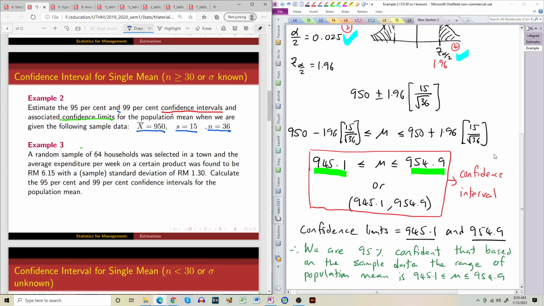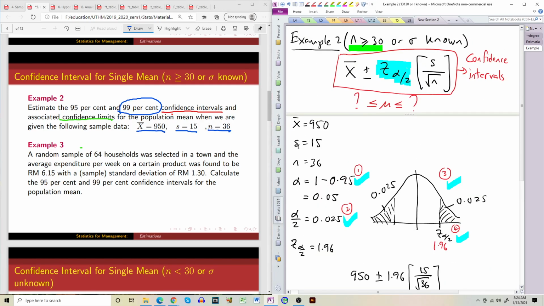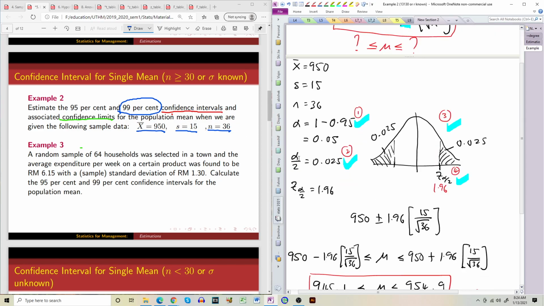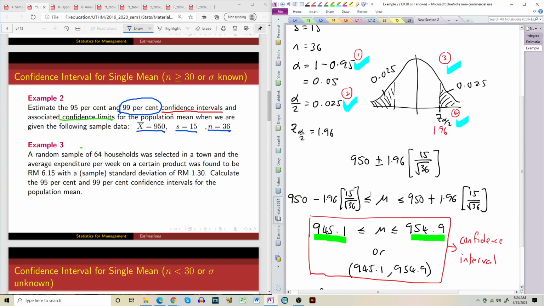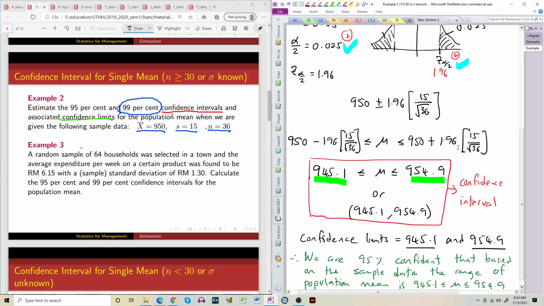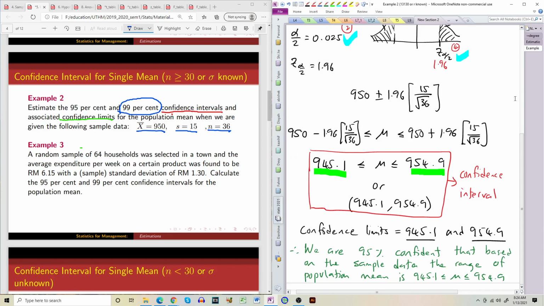Find what is x bar, s. The x bar, s and n are the same. All you have to find is alpha over 2 and the z alpha over 2, and then replace inside the formula and get me the interval range, and maybe you can write the interpretation.